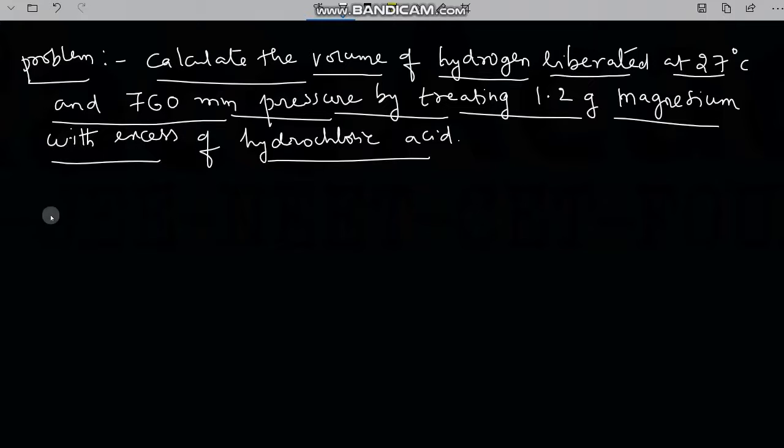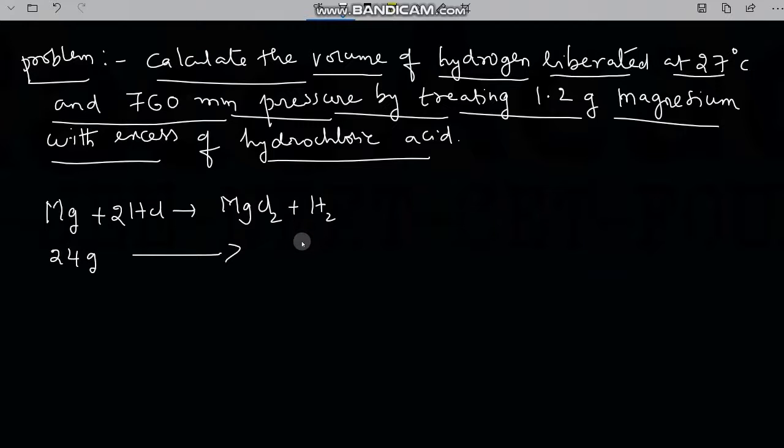So we have to find the volume of hydrogen at these conditions. First we have to consider the chemical equation. Magnesium treated with hydrochloric acid: the balanced equation is Mg plus 2HCl gives MgCl2 plus H2 gas.